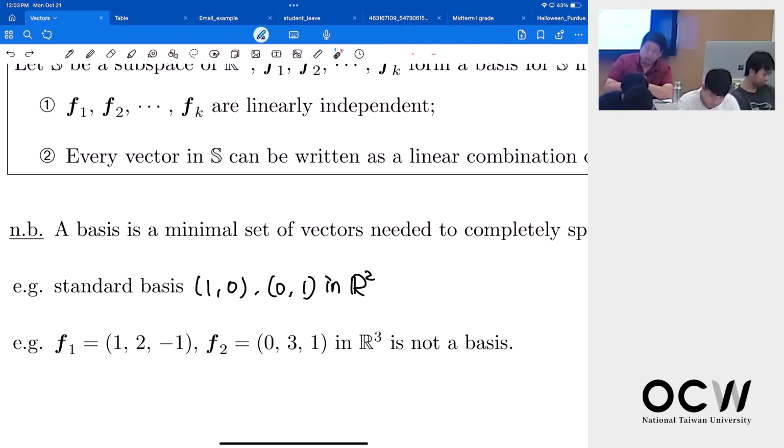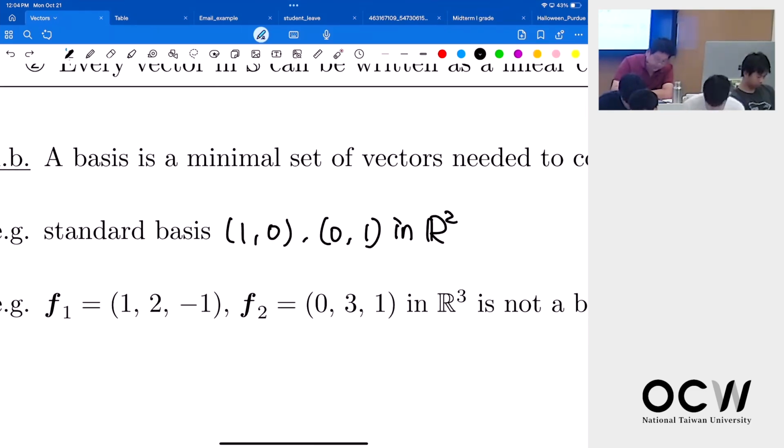So here, let's see. We say that F1 and F2 in 3 dimensions are not a basis. Why is it not a basis? First, we need to check the coefficients. So c1 F1 plus c2 F2 is the zero vector.